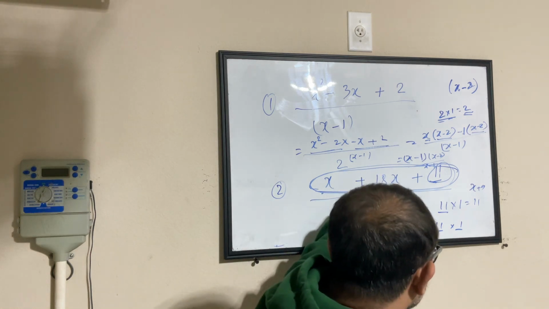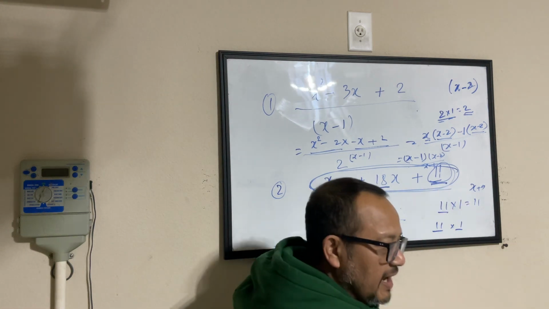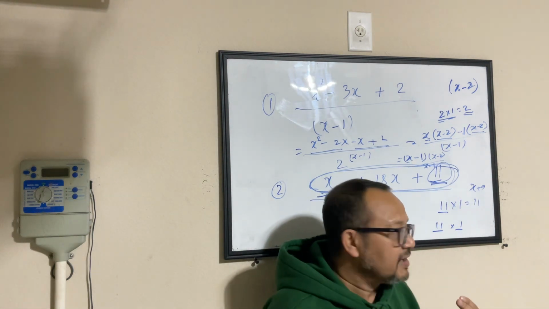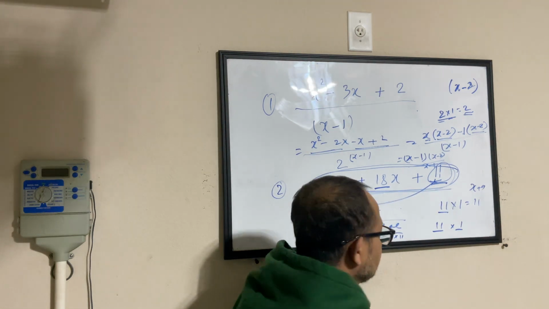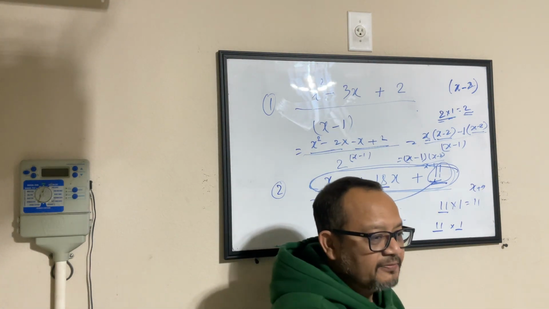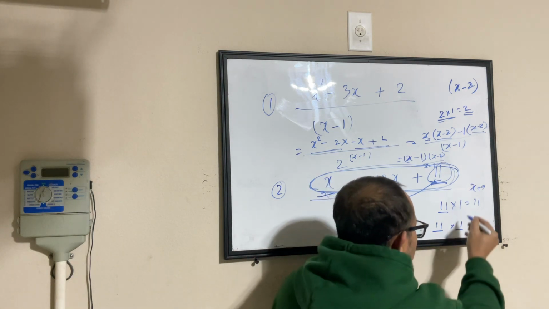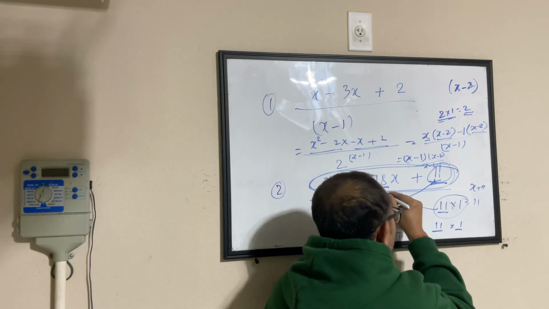Now, always look at the scenario. When you multiply a and c and it gives you a prime number itself, that means you have your hands tied. This is the only option you have, and that never gives you this clue.